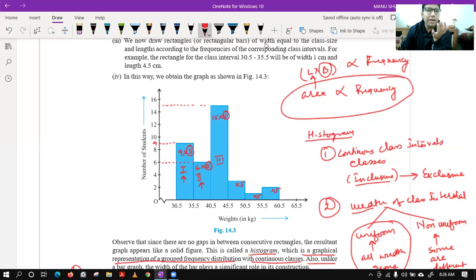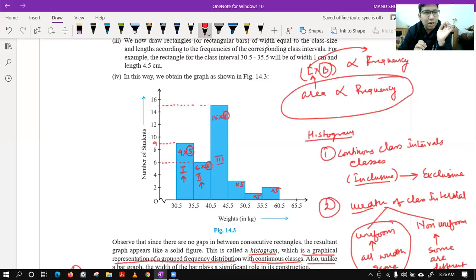If the breadth is already constant, we can say that length will be proportional to frequency, and that is what we require. So in this case, we don't have to change anything. When the width is uniform, everything is fine. This is a correct histogram. No changes are required. You just need to keep it as it is.